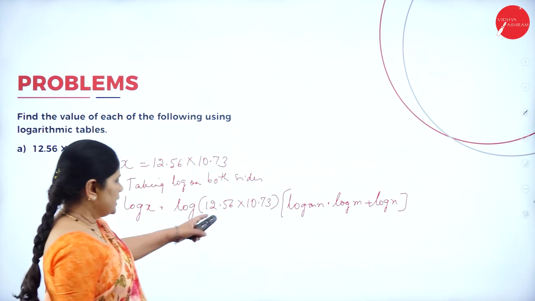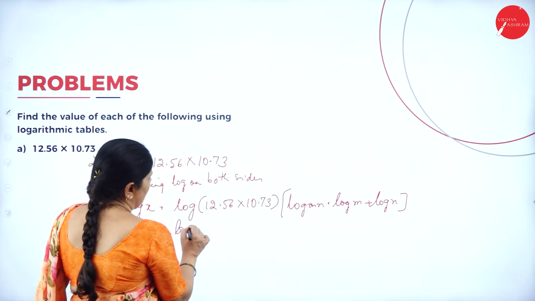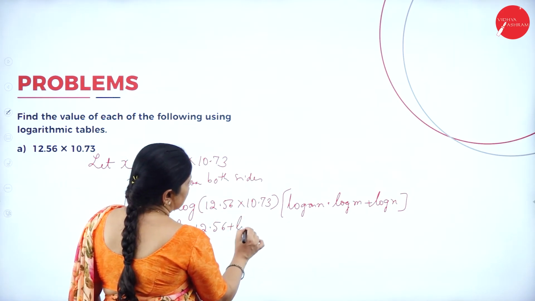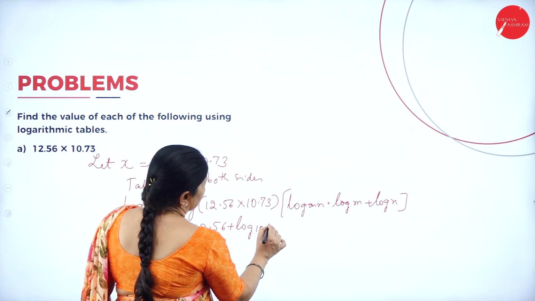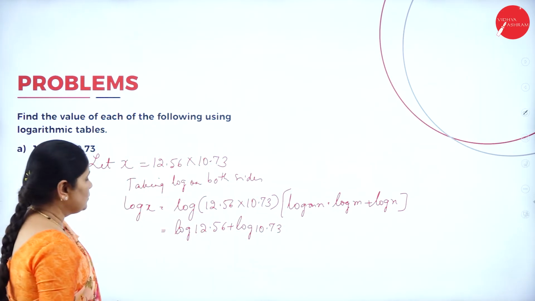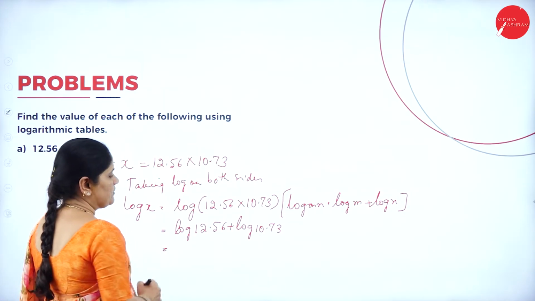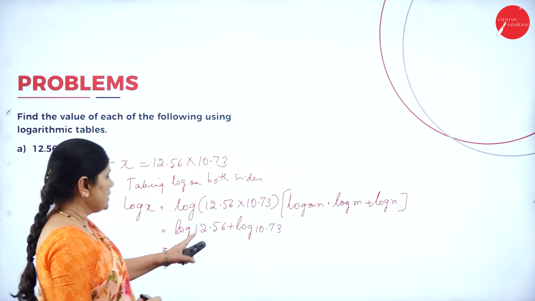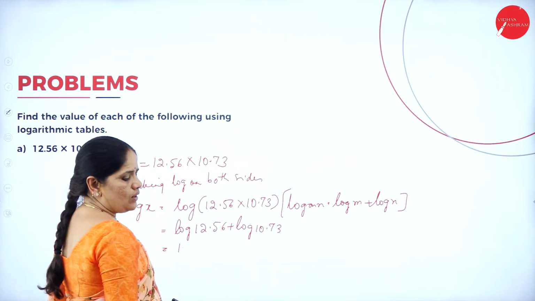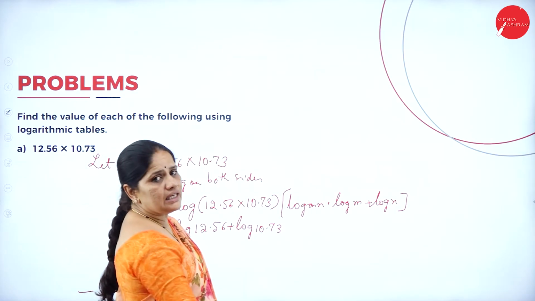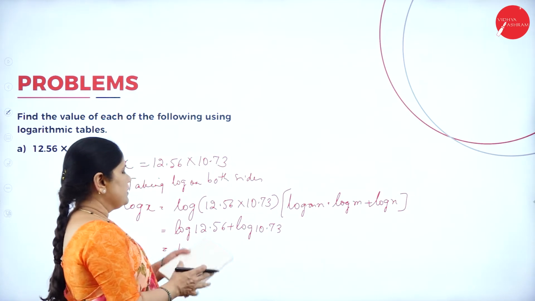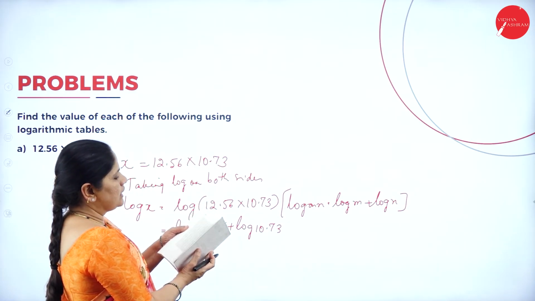So here I will write it as log of 12.56 plus log of 10.73. Now find the value of log 12.56. How many digits are there here? 2 digits. So I will write 1 point. Now I will have to find the log value here. So the log value of 12.5 I have to see in the log table.